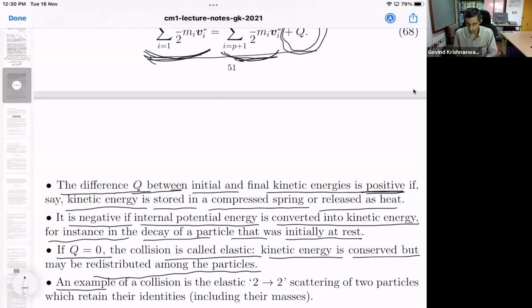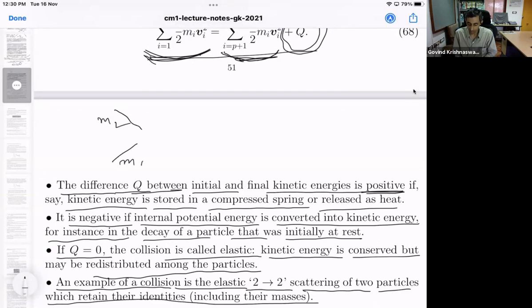An example of a collision is the elastic 2-to-2 scattering of two particles which retain their identities, including their masses. We can illustrate that with a figure. In fact, it is essentially the same figure as I drew before. You have two incoming particles with masses m1 and m2.